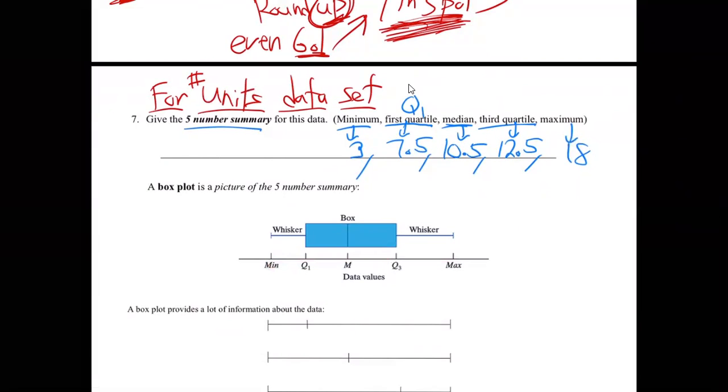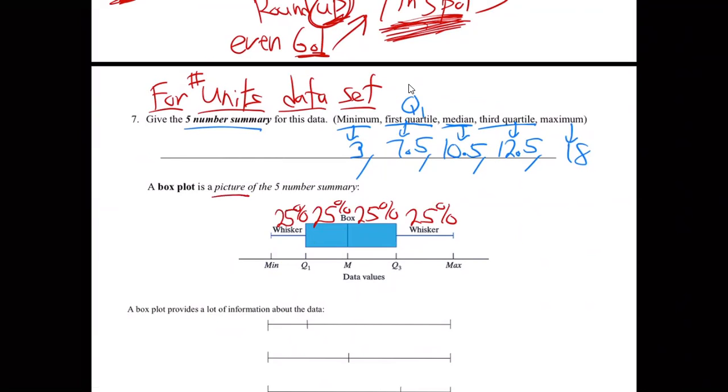What a box plot does is break the data into 4 quarters, again, like a football game or basketball game. So in other words, 25% of the game is in this section. 25% is in this section. 25% in this section. And 25% in that section.